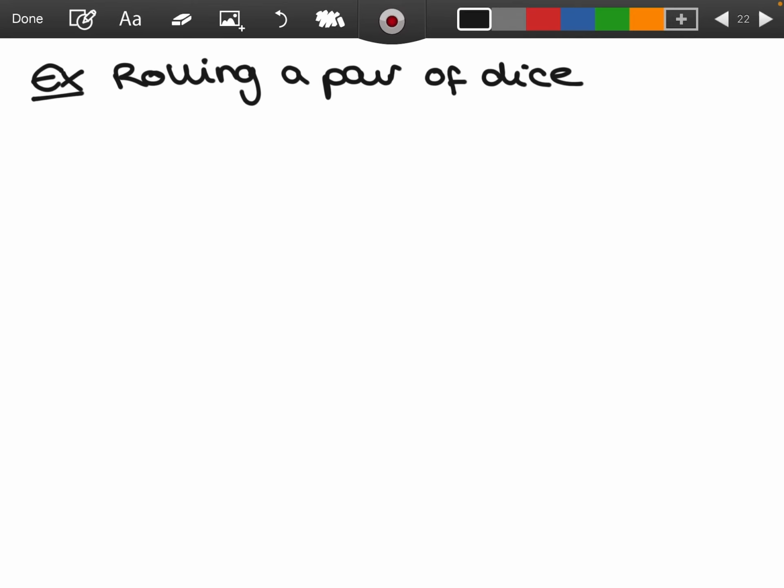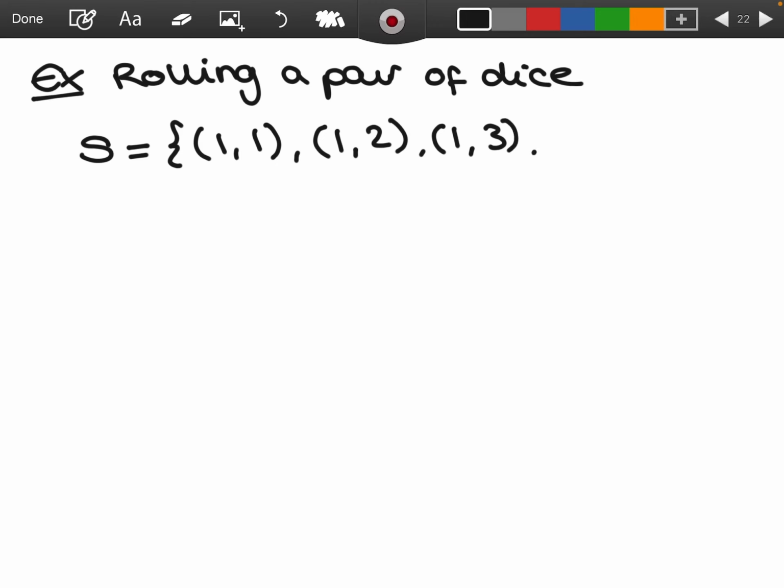There were 6 different outcomes from the first dice, and there were 6 outcomes from the second. So we found that there were 36 different pairs that we could get from rolling the pair of dice. So our sample space, if you go back, looked something like this. And it went all the way up to 6 and 6.